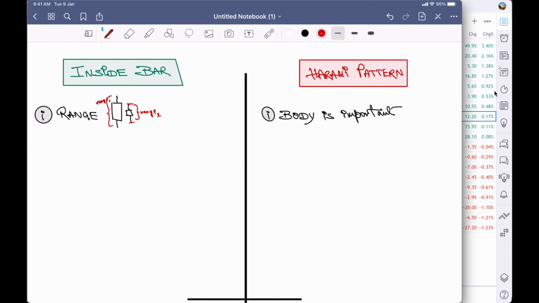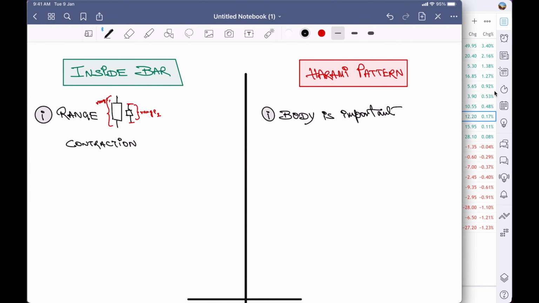No part of day 2 can go outside the range of day 1. It can be a green candlestick followed by a red, green, positive, whatever it is, that doesn't matter. The only thing that matters over here, as you can clearly see, is contraction.